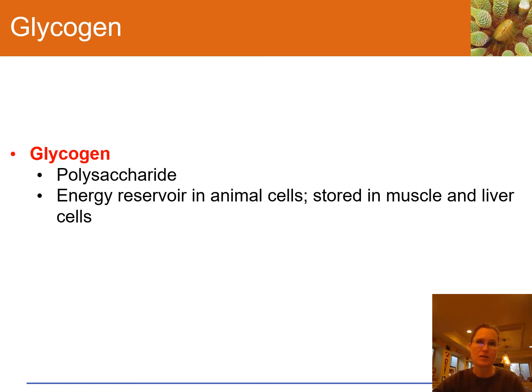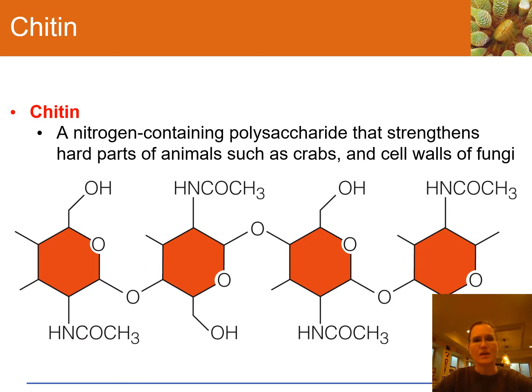It's a short-term sort of reserve that we don't use on a regular basis, but it's there evolutionarily to save our lives so we don't die. And then chitin is a rigid structural material. Think of a crab on the outside, and it also helps fungi.